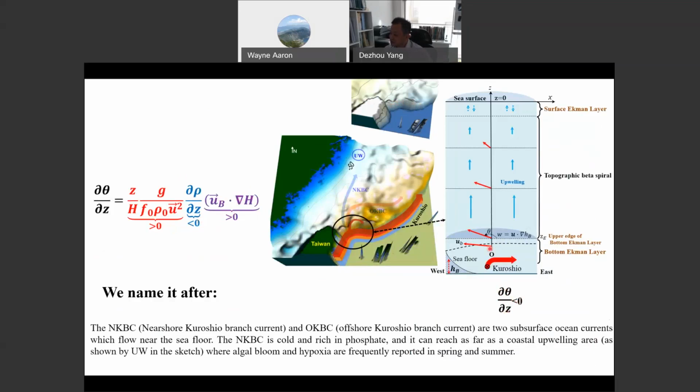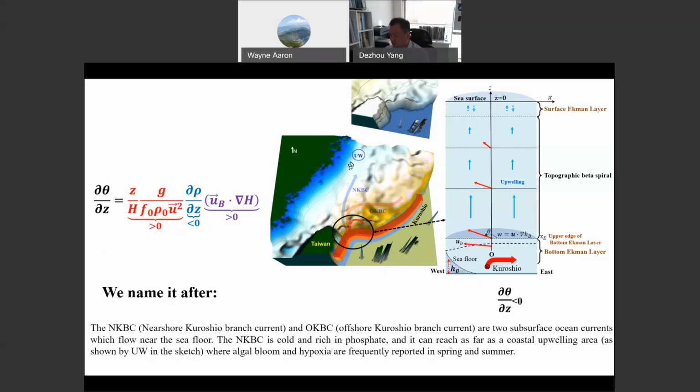It means that if the ocean current at the shelf break flows northeastward, with the depth decreasing to the sea surface, the ocean current will turn clockwise. It means theta will decrease from the shelf break to the sea surface.